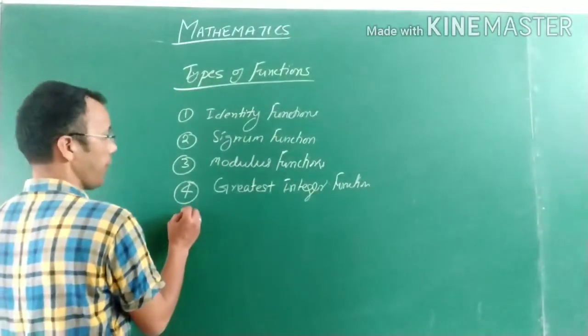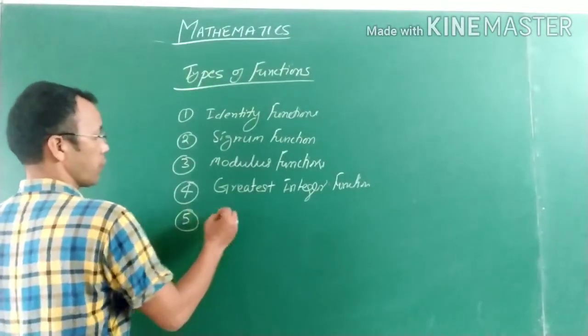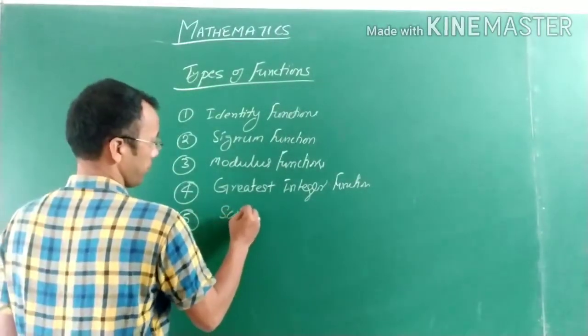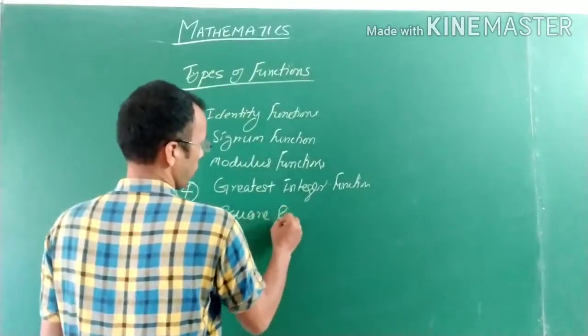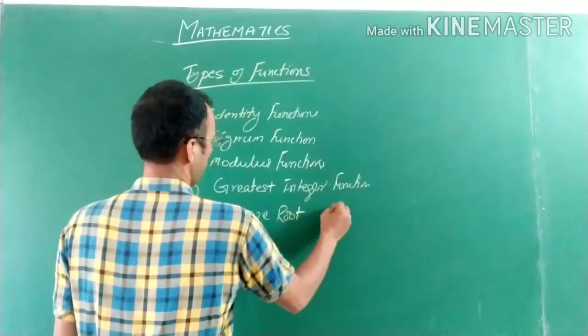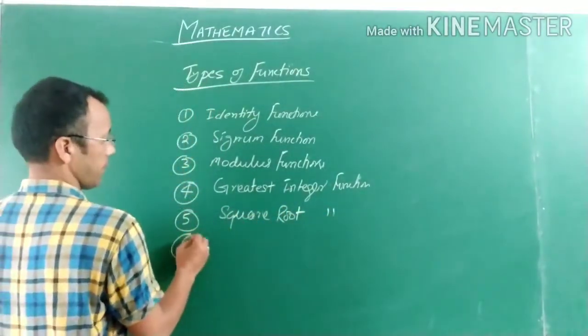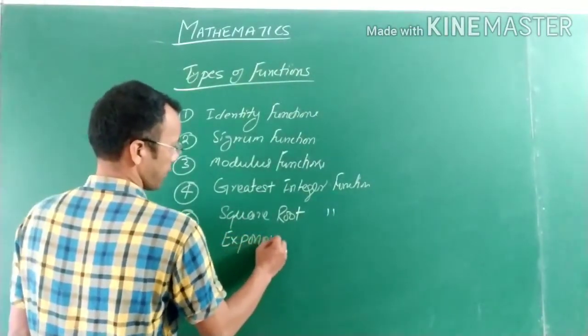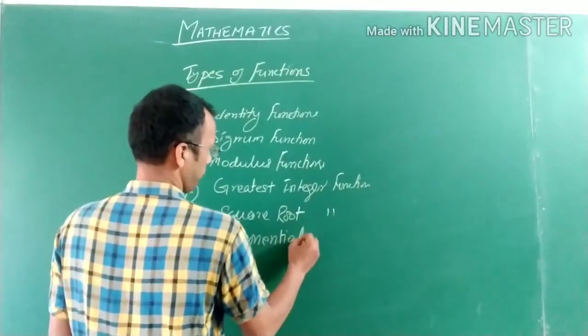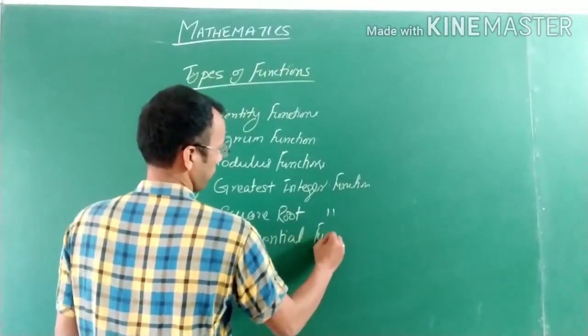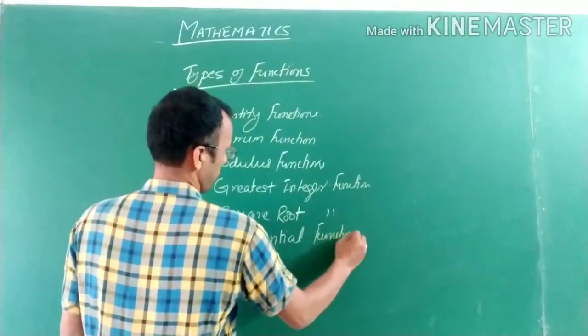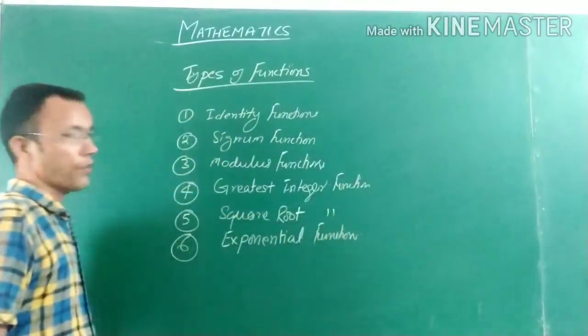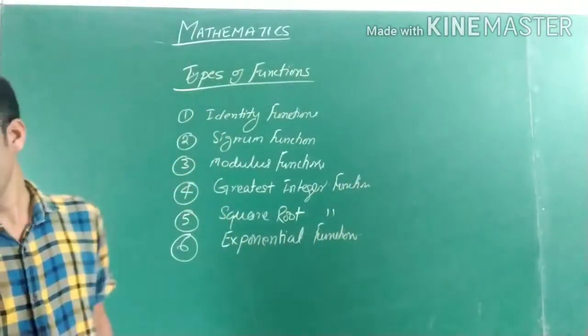Fifth is the square root function, and sixth is the exponential function. First we will discuss these.